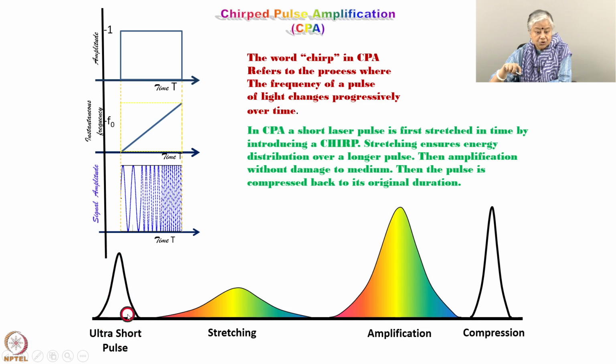I have this ultra short pulse and then I stretch it in time. This is the time axis, the bottom dark black line. My initial seed pulse is an ultra short pulse, and this is what happens to it.